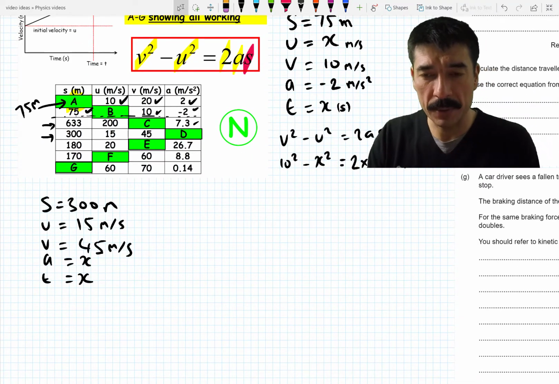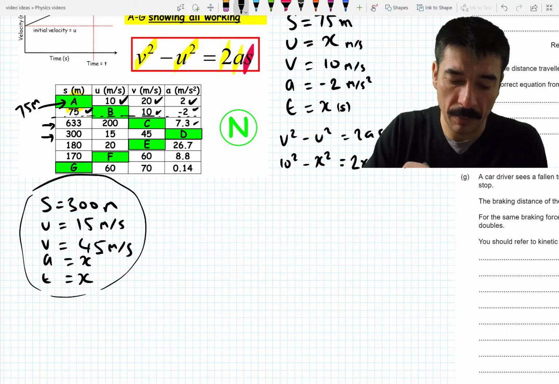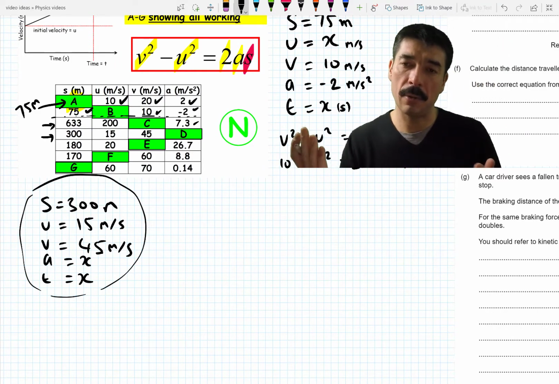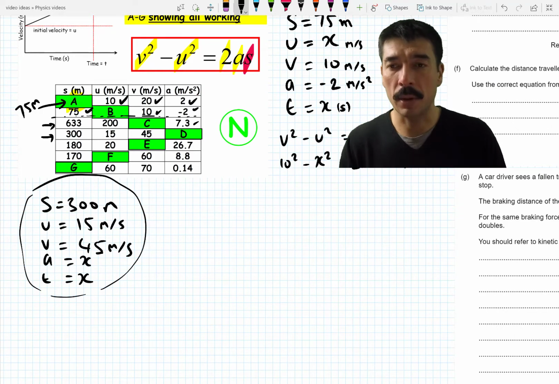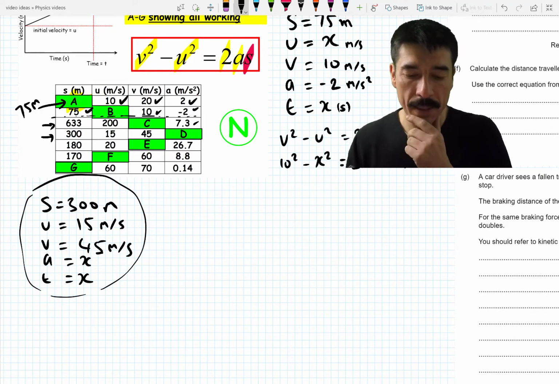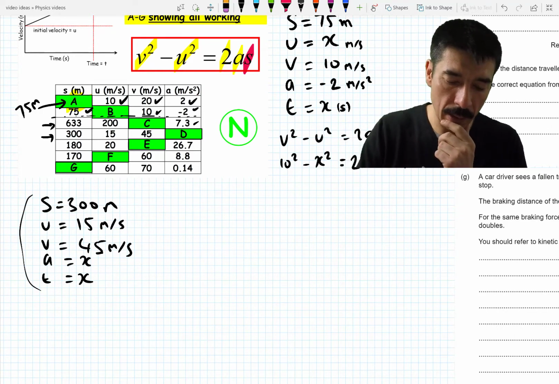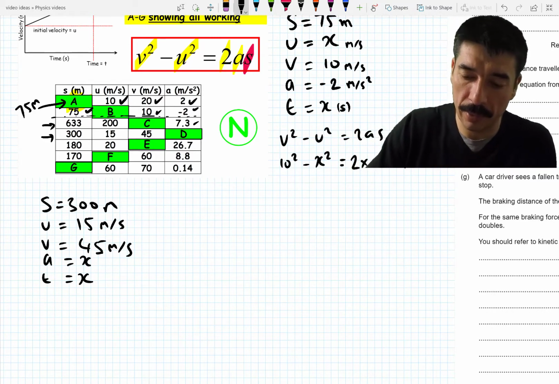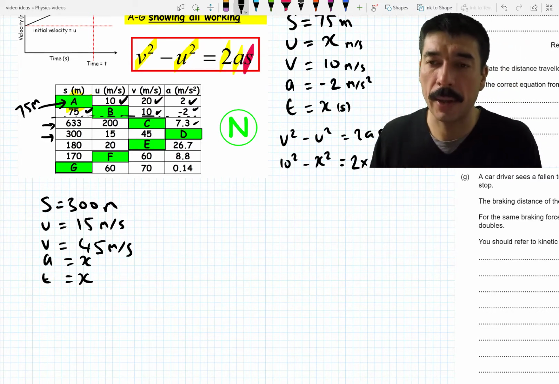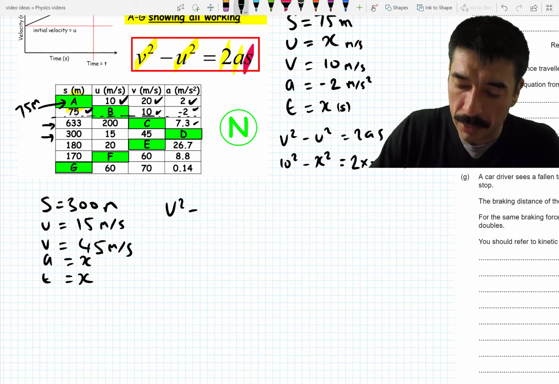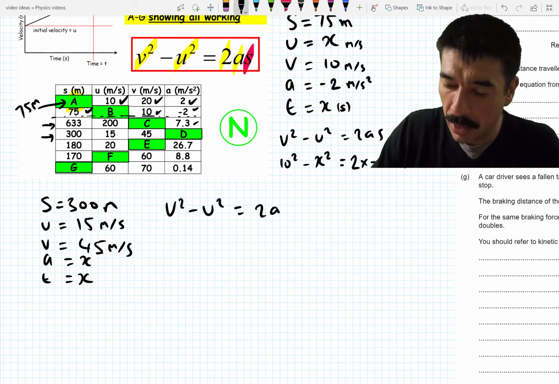So this just helps you collate all the different things that you might know about the question, and then you can look at the equations you know and work out which one will work. So I know which one's going to work because we know they're all v squared minus u squared equals 2as questions. So v squared minus u squared equals 2as.